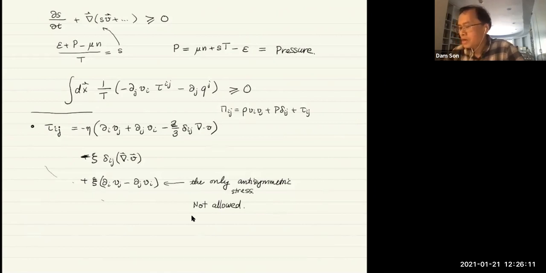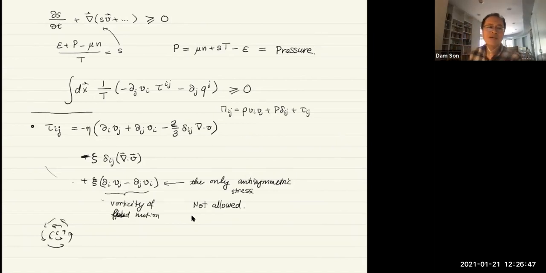If it was allowed, that would mean that if the fluid rotates, this is simply the vorticity of the fluid motion. It will be non-zero if the fluid moves in a vortex-like manner, like this.